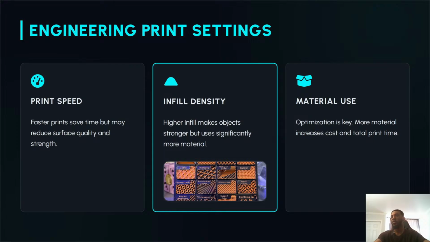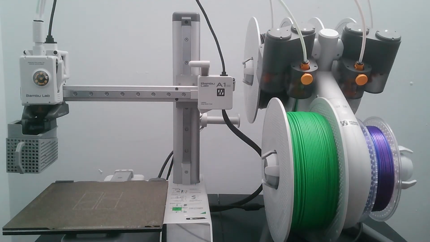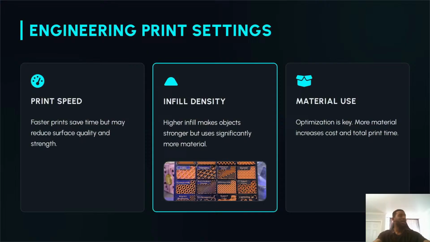What I'm currently using is the A1 Bambu Lab Studio. It's one of the most modern, recent ones. Faster prints, like I said, save time, but may reduce surface quality and strength. Like I said, do you want it fast or do you want it done right?